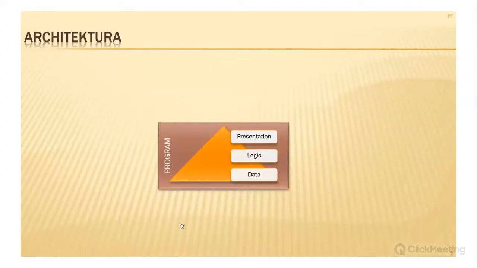Presentation is on the top and the data is on the bottom, because between the layers we have dependencies. So the presentation layer can use only the logic layer. The logic layer can use only the data layer. Using today's object-oriented programming languages, for example C#, Java, and others, we can organize layers as a set of types.